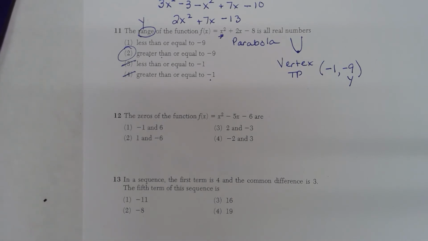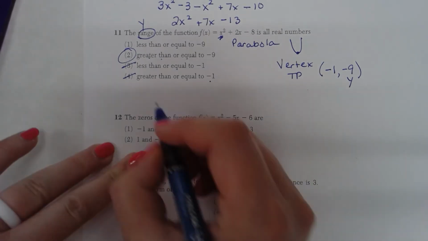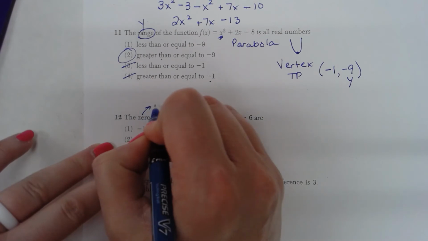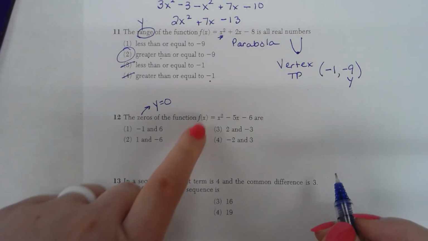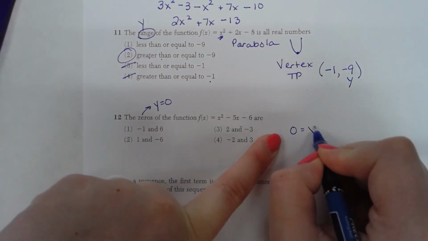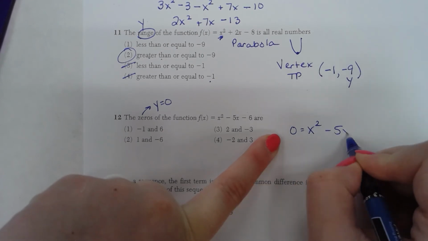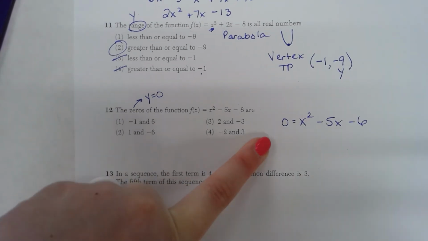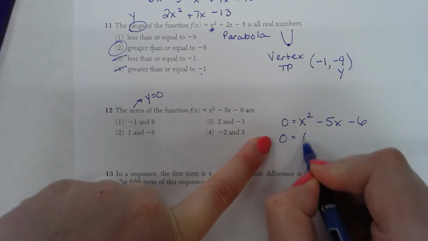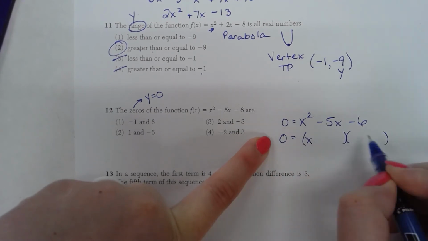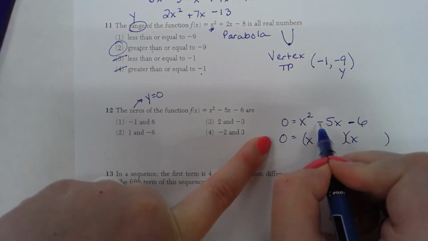12. The zeros of the function. Remember, zeros are when y equals 0. So that means 0 equals x squared minus 5x minus 6. So I can factor this. Bigger number is negative.